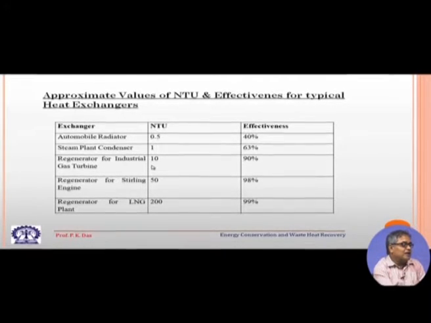For a regenerator of an industrial gas turbine, NTU is quite high, 10, and effectiveness is also high, that is 90%. For a regenerator for a Stirling engine, NTU is 50 and effectiveness is 98%. For a regenerator for an LNG plant, NTU is 200 and effectiveness is 99%.